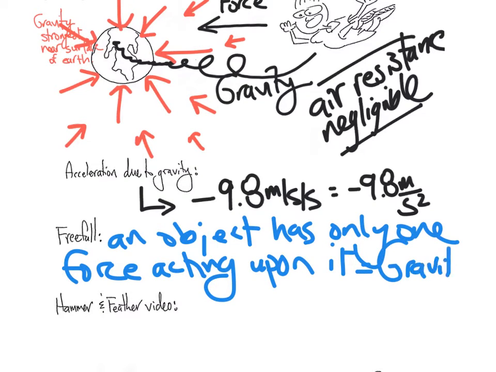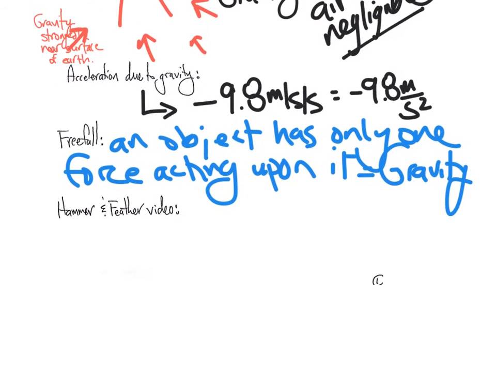So when you throw a football, a marshmallow, anything like that, it is a projectile and it is in free fall. It doesn't have to be falling straight down. Okay, hammer feather video. This thing's amazing. Let's turn the page.